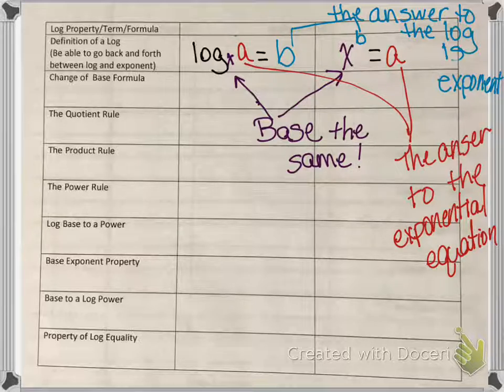You're going to have to write this down about 3 times today, so just know that being able to go back and forth is a big focus. Now, I need to erase this so we can do the rest, but I'm going to keep the definition there for you.